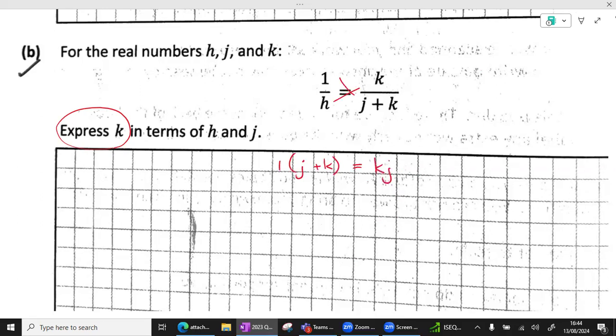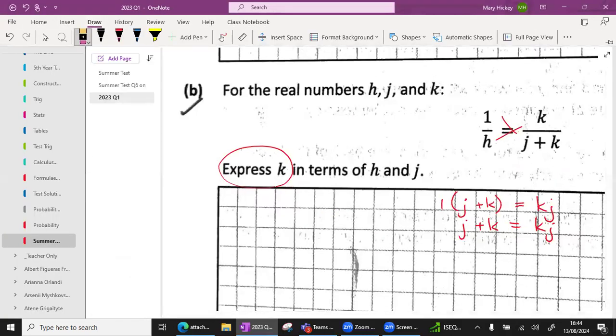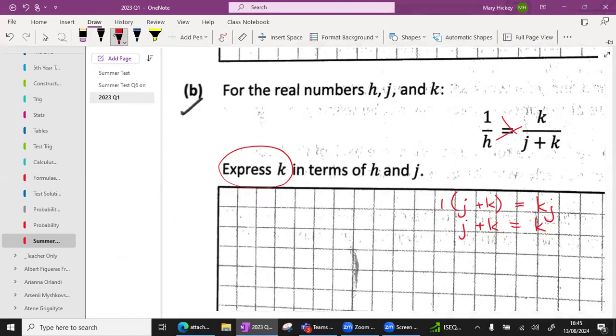Okay. So really it's j plus k is equal to kj. Now, the problem we have here is that k is on both sides. Oh no, sorry, it was j plus k and kh is what I should have written there. Okay, kh.